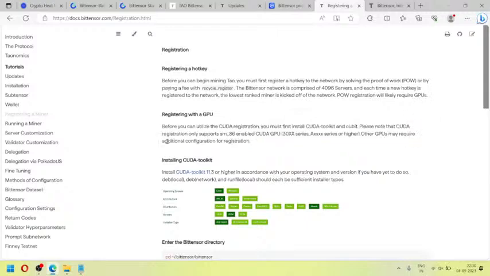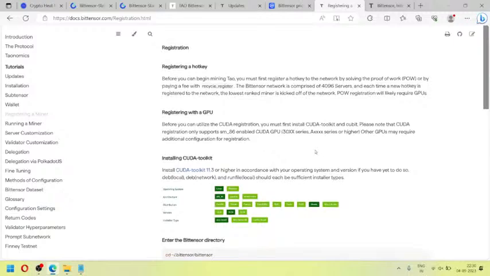Before you can utilize the CUDA registration, you must first install the CUDA toolkit and cubit. Please note that CUDA registration only supports SM86 enabled CUDA GPUs. Other GPUs may require additional configuration for registration.